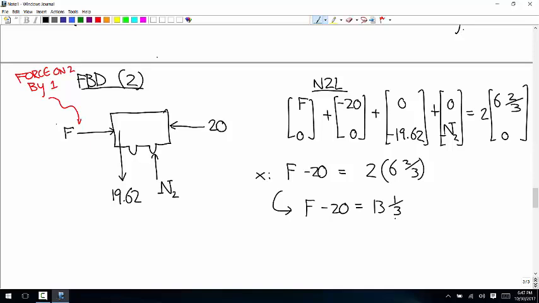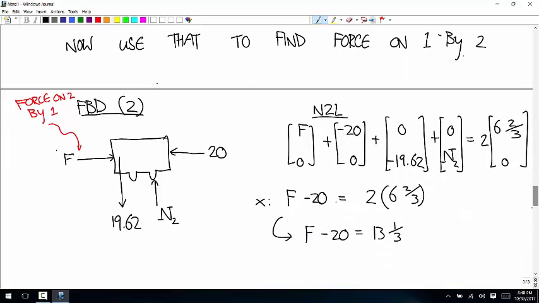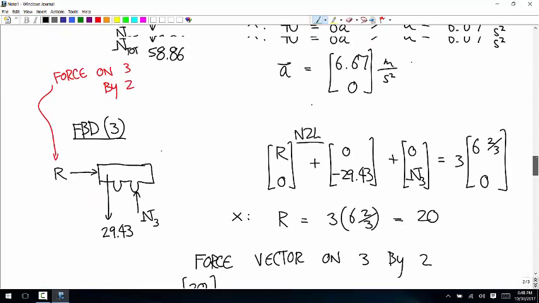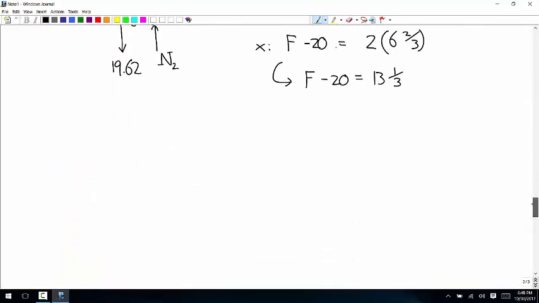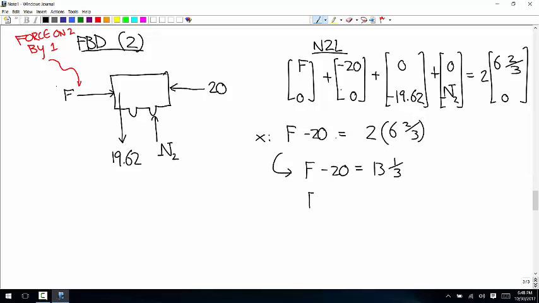And so, minus 20, what's going on here? So we figured that was, oh, that's not bad. Yeah, that's right. Okay. So F then is equal to 33 1/3 newtons.